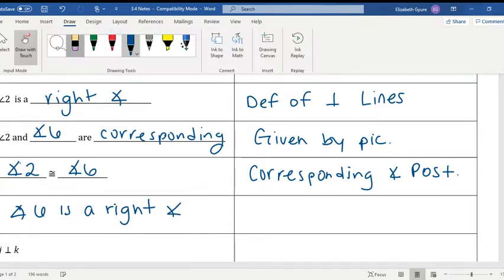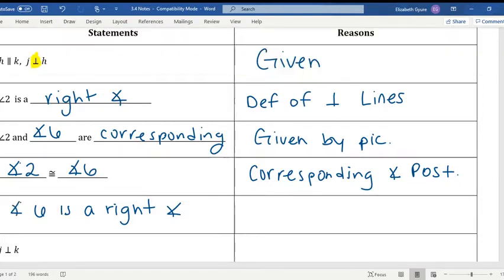And if angle 6 is a right angle, will those lines be perpendicular? Yeah, that's exactly where we wanted to go. Now the reason, why can I say this? Well, 2 and 6 were congruent, right? 2 is a right angle, so we can imply 6 is a right angle. That's technically called the right angle congruence theorem, but most people don't remember that. We can just say all right angles are congruent, because that's easier to remember, because aren't they all 90 degrees? So they're all going to be congruent.